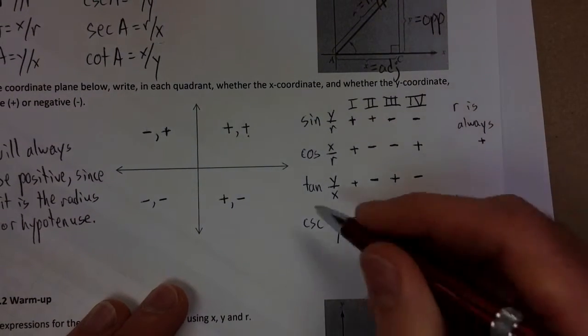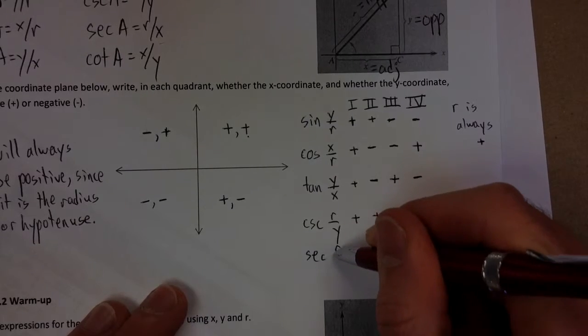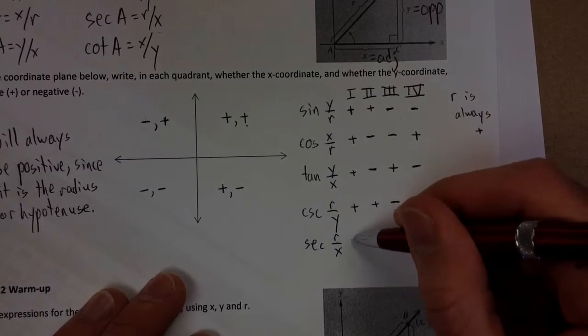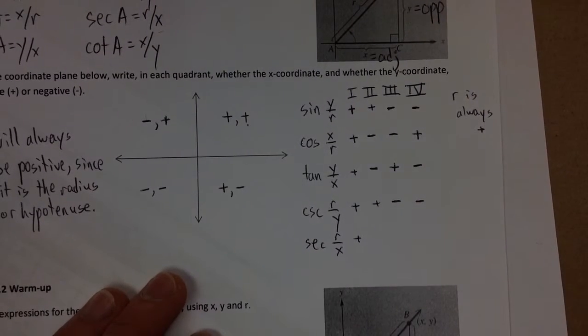Good. Next, secant, we know is r over x. Scott, first quadrant. Secant, first quadrant is positive. Very good. And Melanie, second quadrant, secant. Positive. Negative. So what thought process do you think you would go through? I was thinking about r and how it's always positive.